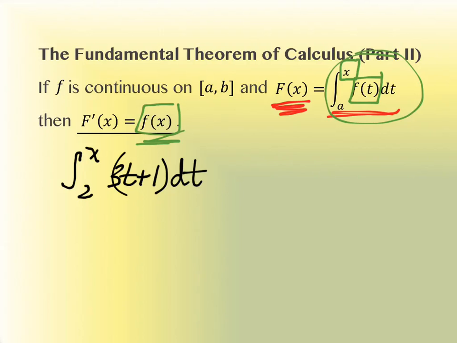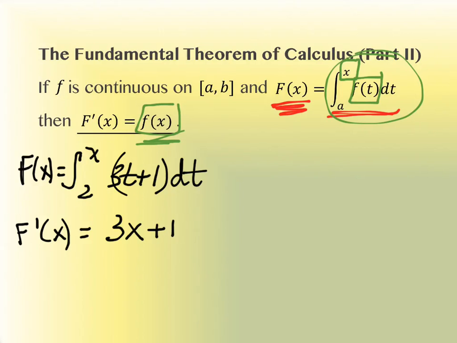What this theorem is actually saying is that if this is capital F of x, and we take the derivative of it, so capital F prime of x, the derivative is really just 3x plus 1. That is all you have to do if you're asked to find the derivative in this form.